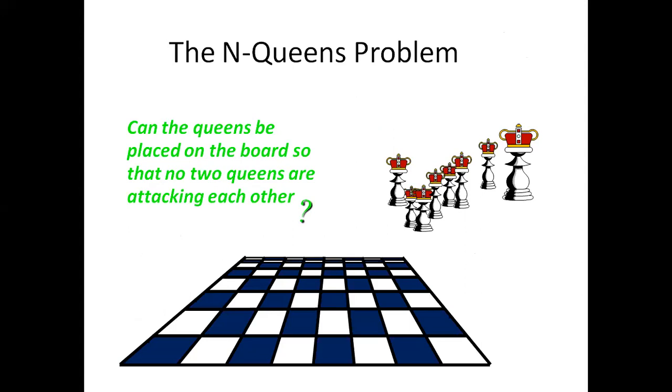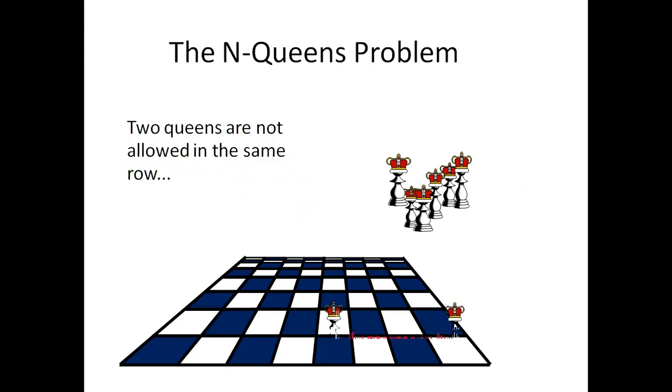I set the condition: no two queens attack each other. Two queens are not allowed in the same row. Here we are placing a queen, and this row cannot allow any other queens.